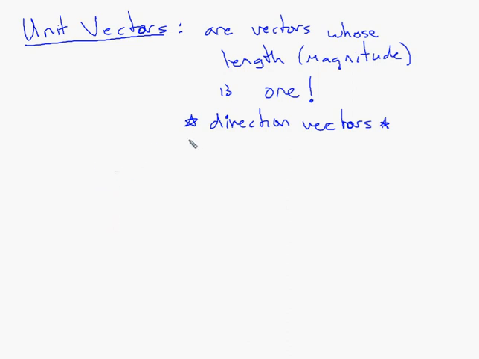Alright, so getting a unit vector is, well, let's say vector u. Let's say I have vector u and I want the unit vector. That's going to be the x component divided by the magnitude of vector u, comma, the y component divided by the magnitude.